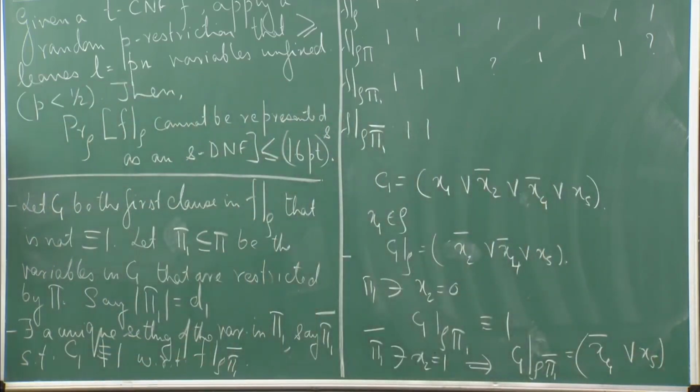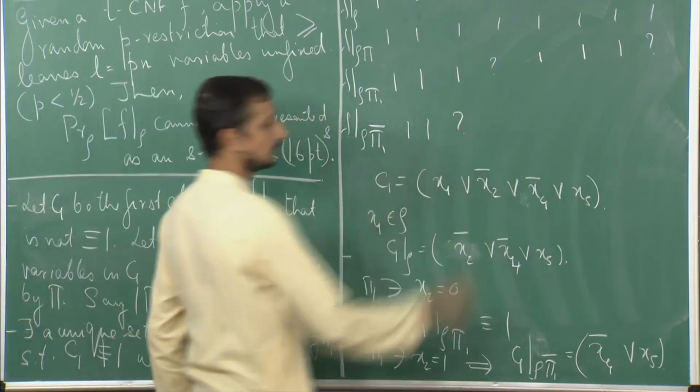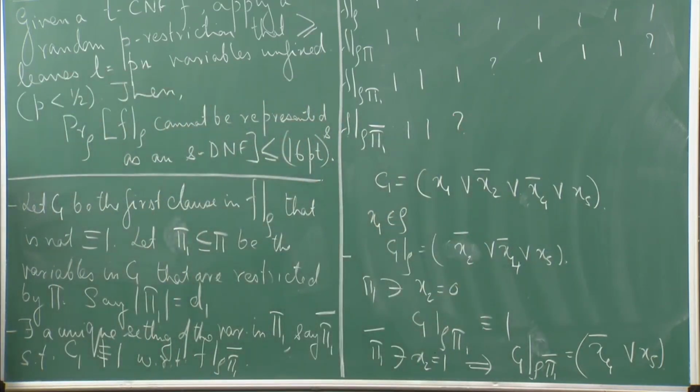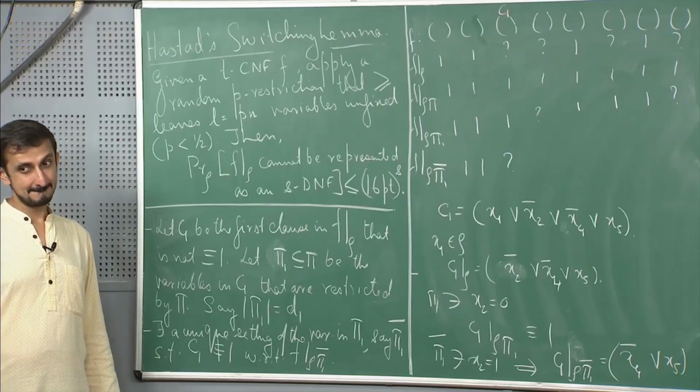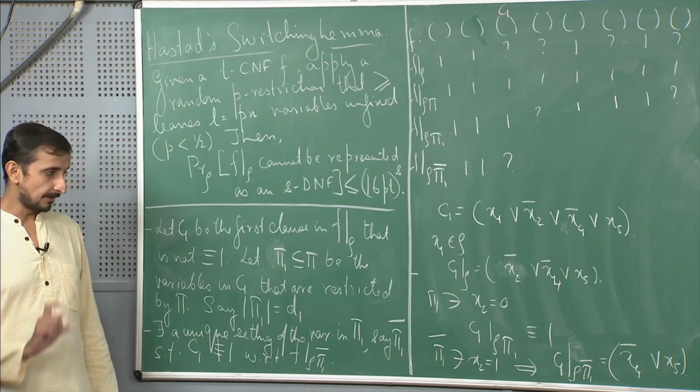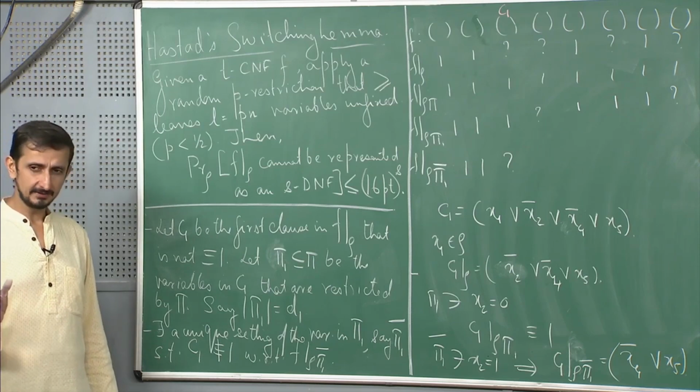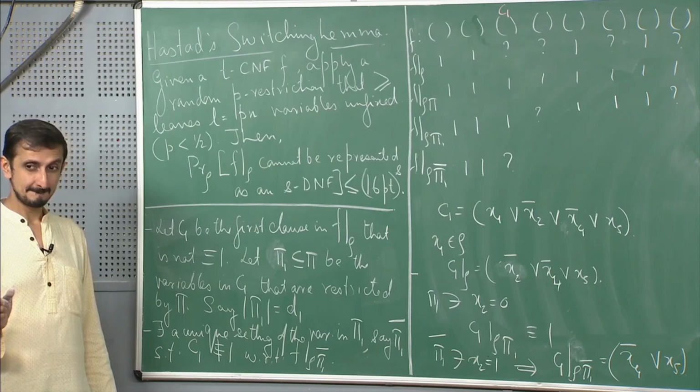So it is not necessary that it will become 0, it just becomes question mark. Pi 1 bar is what? Whatever variables we have restricted, we manipulate the variables in such a way that the restriction just goes away. We make it 0 or 1.